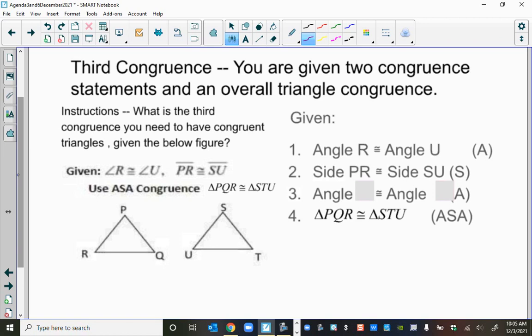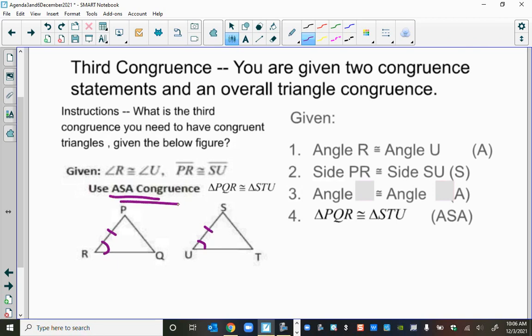So does everybody see we were given angle R is congruent to angle U, right? Do we agree to that? So these blanks, we're going to start filling in some blanks. And then they say from PRSU. Now, if we want to make this an angle side angle, so what they want us to do in the end is have an angle side angle.